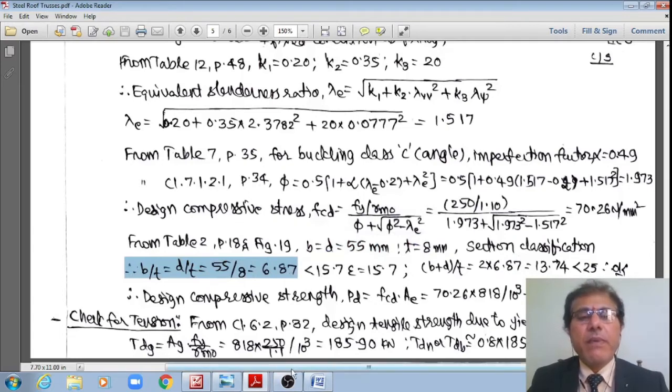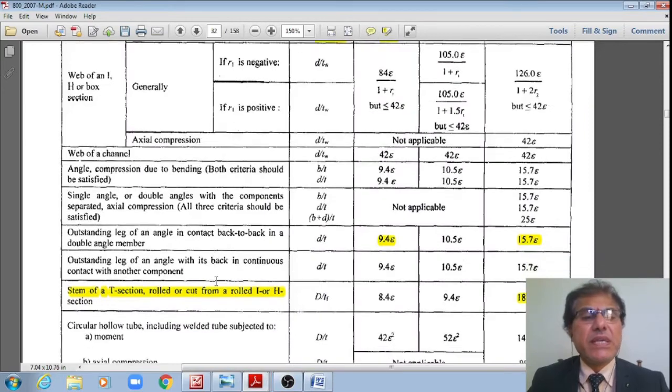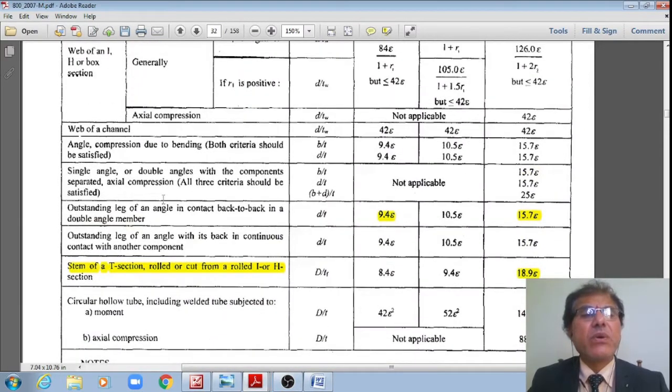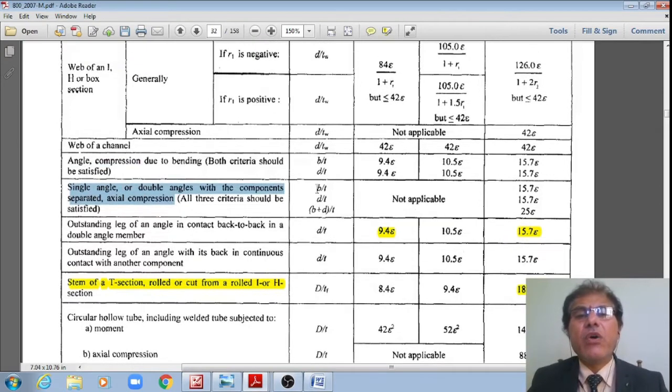Now let me go back to this table, wherein what is 6.87 from this section classification of IS 800, student. Therefore for single angle connected, this is how the angle is in compression due to bending, or single angle, this one, or double angles with components separated, I would have B by T and D by T and B plus D by T, all the three are there.